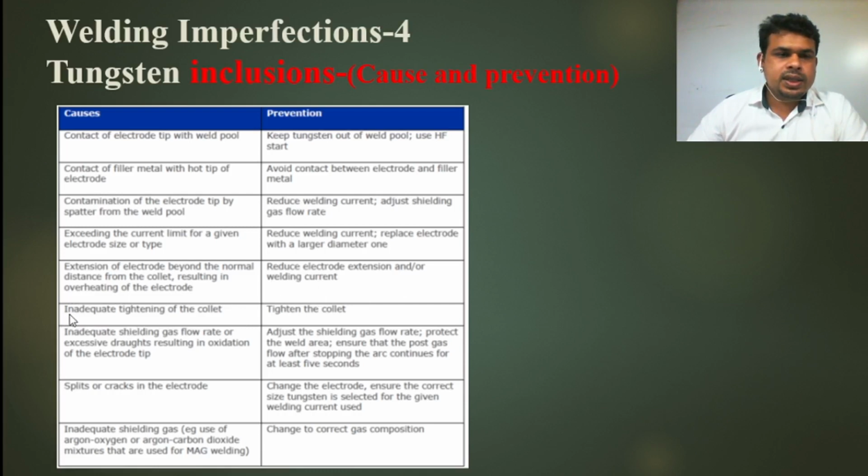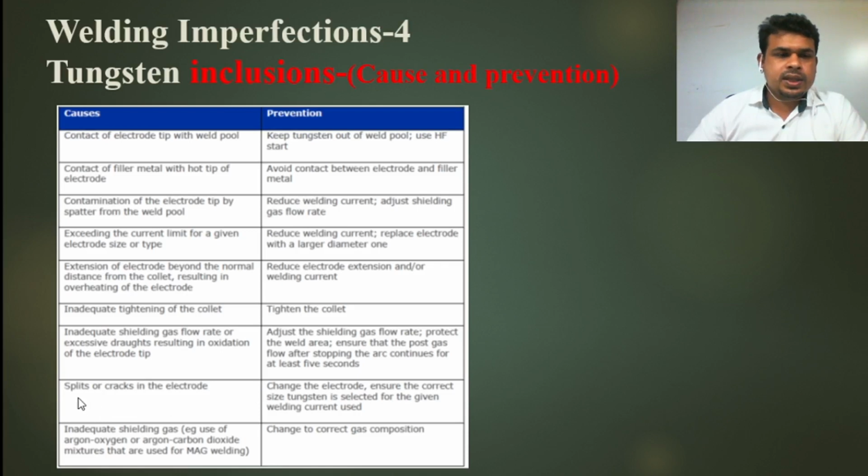Another thing is inadequate tightening of the collet, so tighten the collet. Then inadequate shielding gas flow rate or excessive draught resulting in oxidation of the electrode tip. In this case adjust the shielding gas flow rate, protect the weld area, and ensure that the post gas flow after stopping the arc continues for at least 5 seconds.